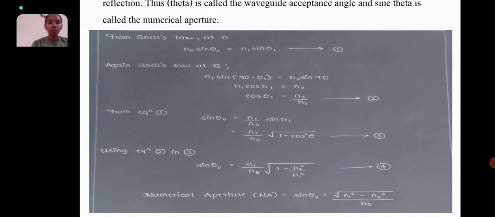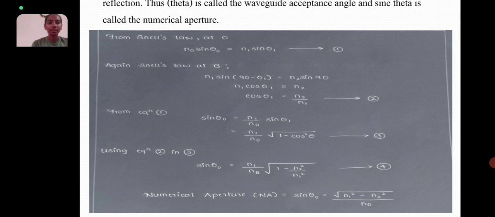From equation number 1, sine theta naught is equal to n1 divided by n naught times sine theta 1. In place of sine theta 1, we consider root of 1 minus cos square theta 1. So the expression becomes n1 by n naught root of 1 minus cos square theta 1.